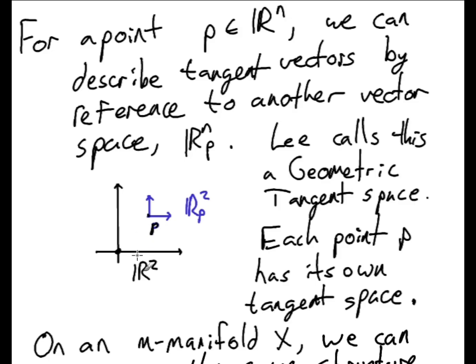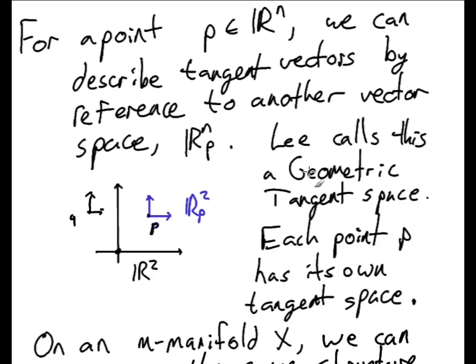So every point in R2 is going to have its own tangent space, right? So here, that's going to have its own tangent space. This copy of R2 sub P, but R2 sub Q over here, I guess, this is different from this R2 sub P. So in Lee, in Introduction to Smooth Manifolds, he calls this a geometric tangent space.